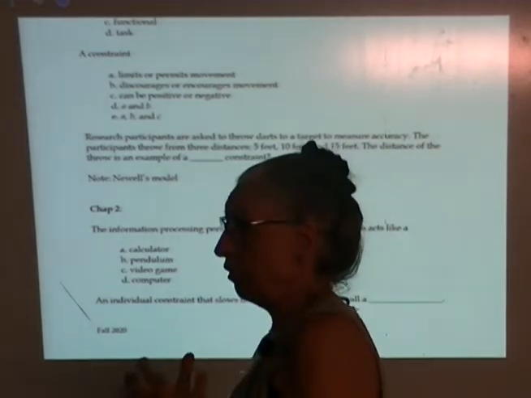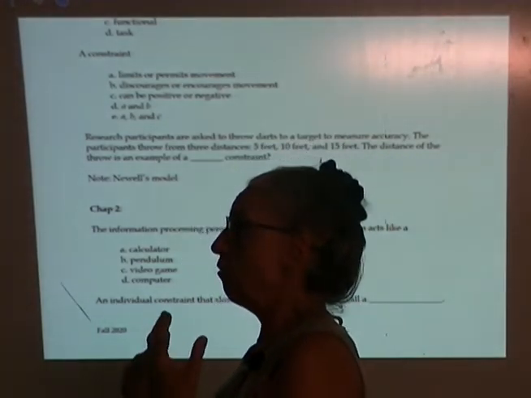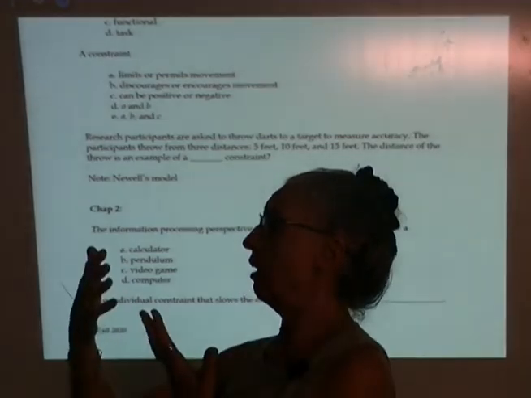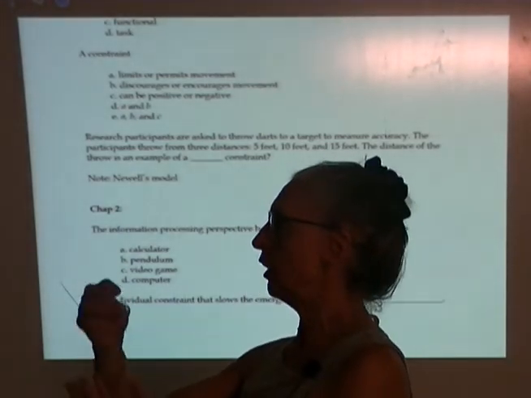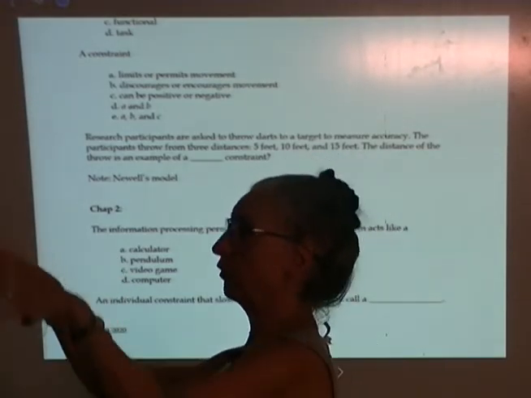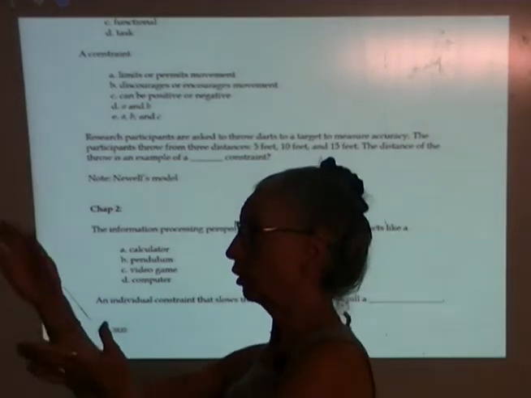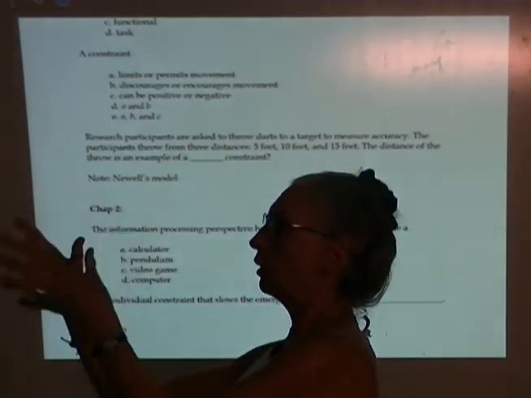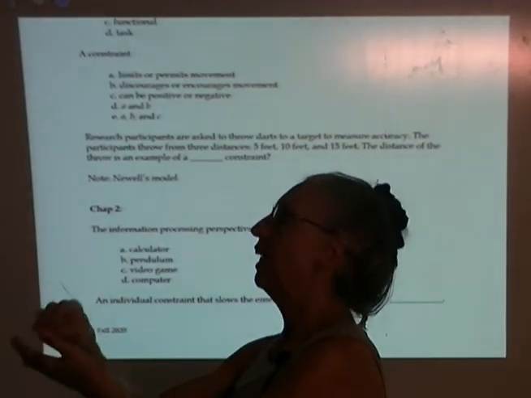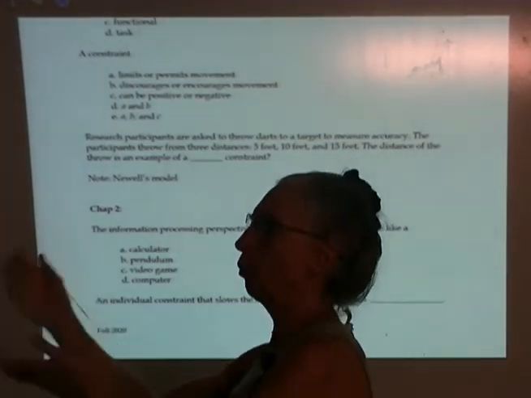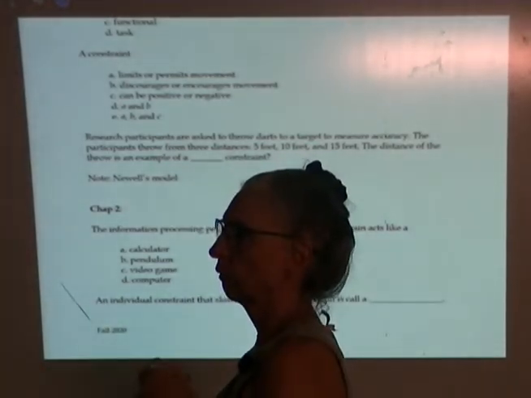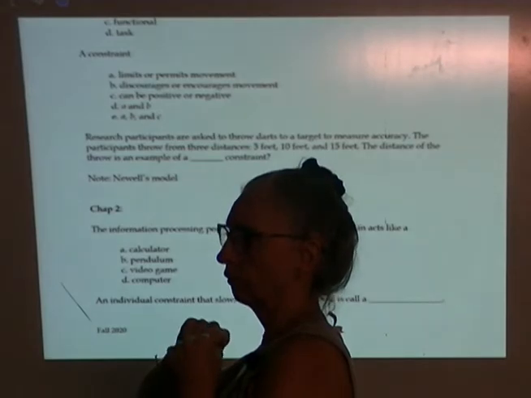Yes, it would be an individual constraint. So if I'm looking at a child transitioning from walking to running, or a group of children transitioning from walking to running, what's the constraint that is likely to control the point at which they actually run and leave the floor? That would be a structural constraint, wouldn't it?